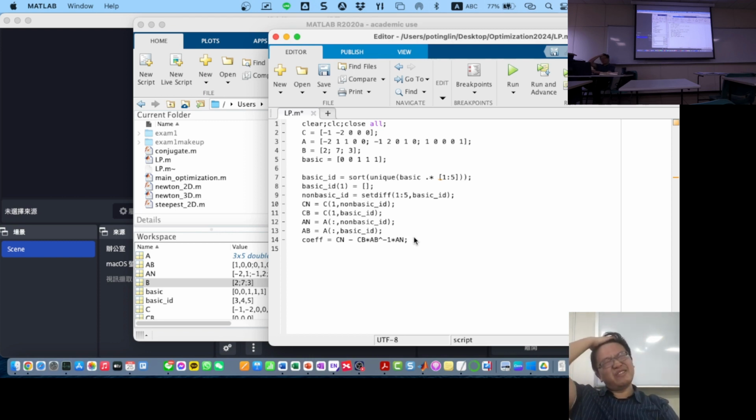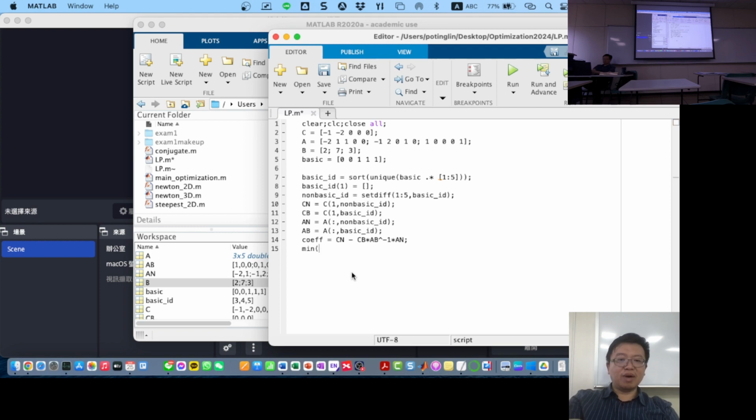How do we pick? We will probably have a for loop from the first one to the length of coefficient. Actually, we don't need to do this. We just need to find the minimum.